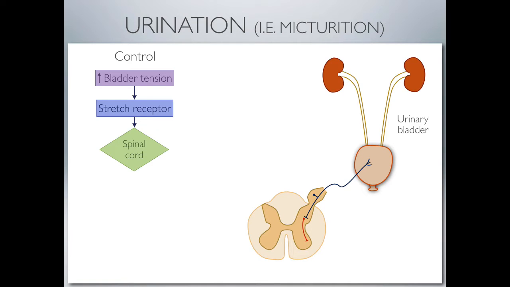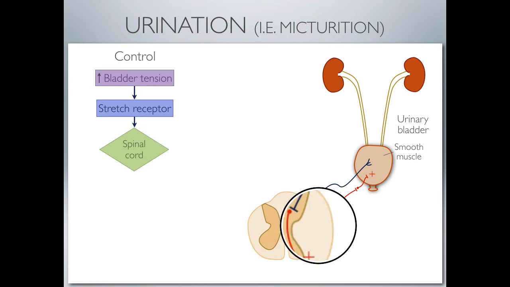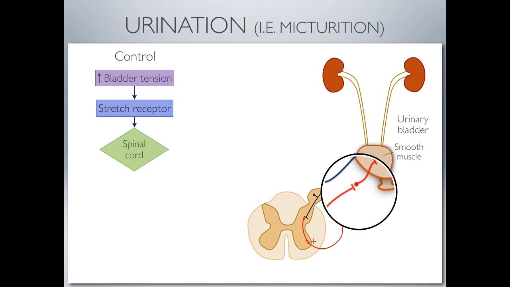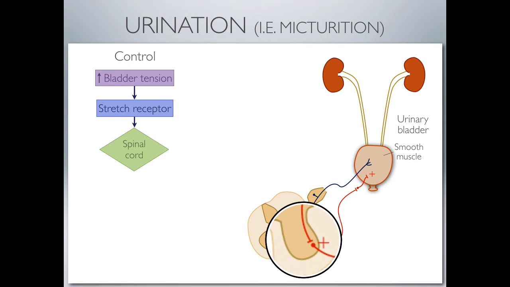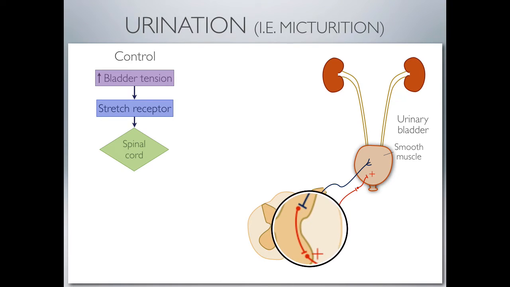And in particular, it's a slightly more complex series of decisions because there are more chemical synapses that are involved. Now, this being a parasympathetic pathway means that the neuron that is activated has a synapse along the way. But in between, there's an interneuron here in the gray matter.